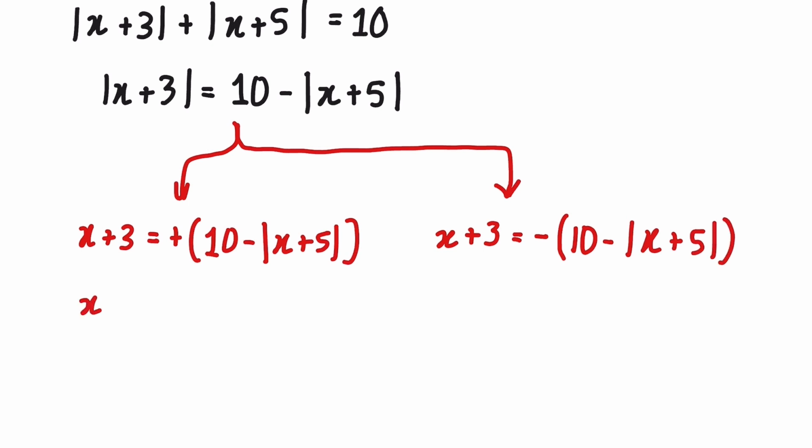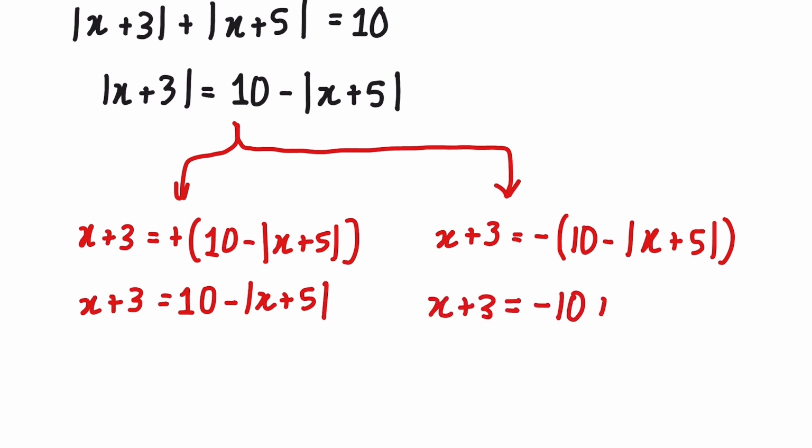So here x plus 3 will equal 10 minus modulus of x plus 5, and x plus 3 equals negative 10 plus modulus of x plus 5.